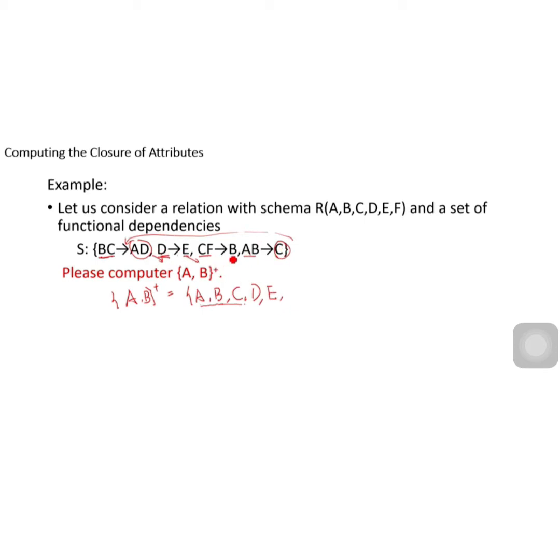Now we cannot find any attributes that can be added to the closure.